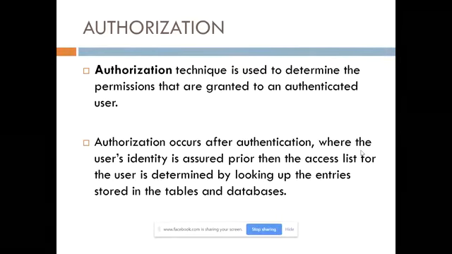If I am a user, I don't have the rights to modify the database of an admin, right? I don't have the rights to access their database. I only have user rights, rights that authorize me to work upon any kind of application that I want to. So authorization is basically about what rights I have.